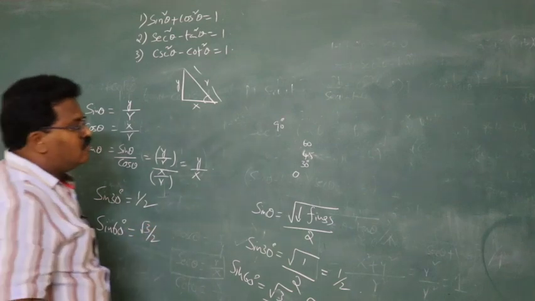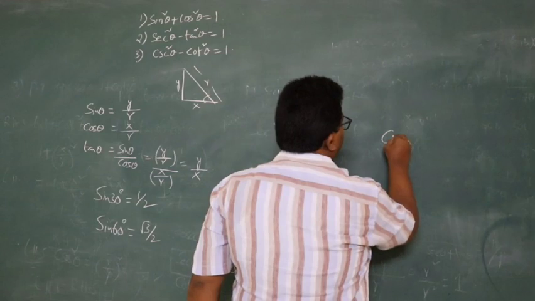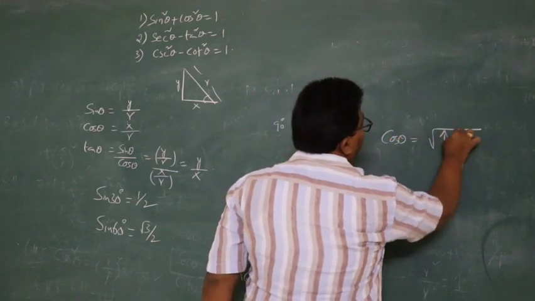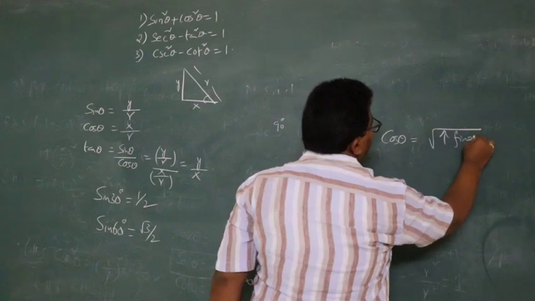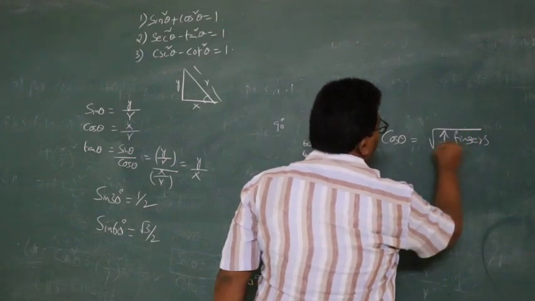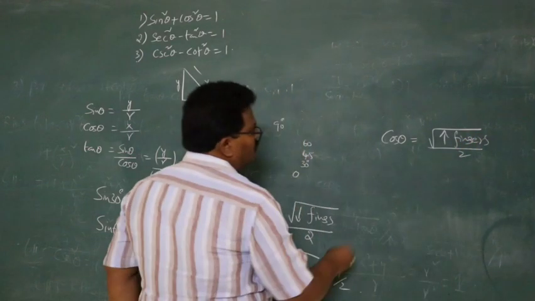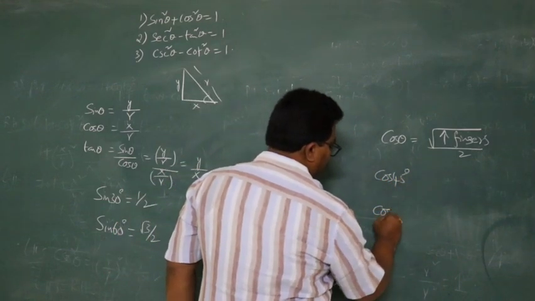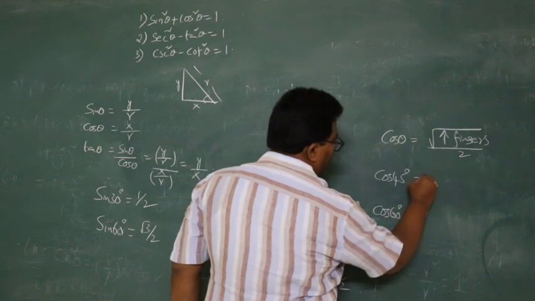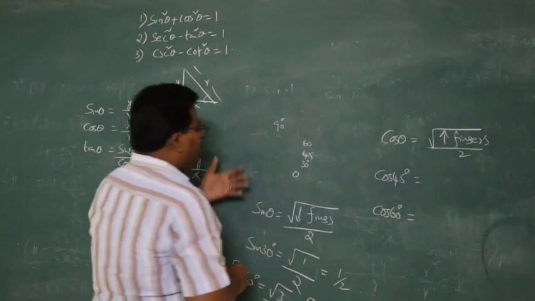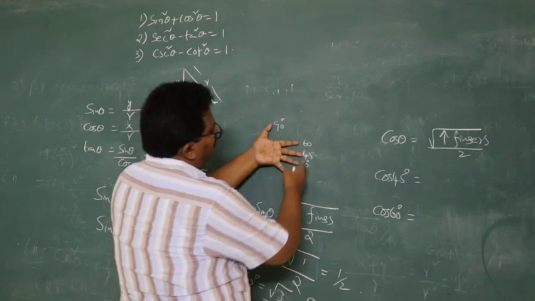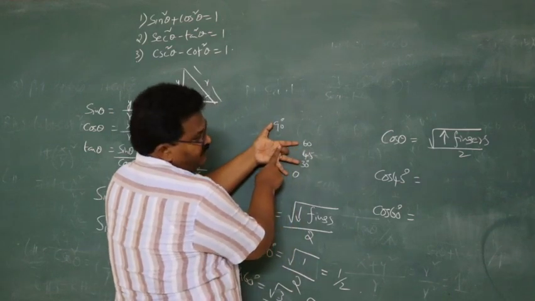So for cos also, how to remember this? Cos means root of the above fingers by 2. So how to find cos 45 and cos 60? Cos 45 means put this finger like this.